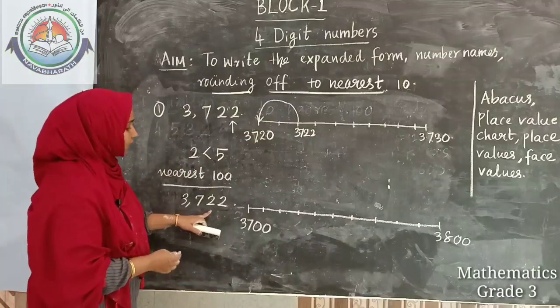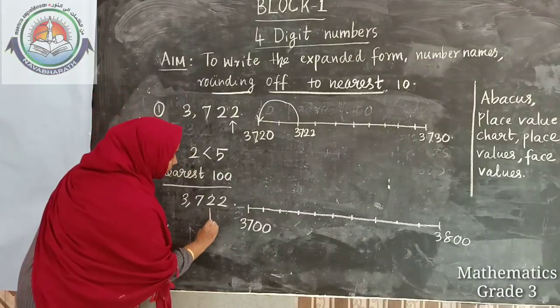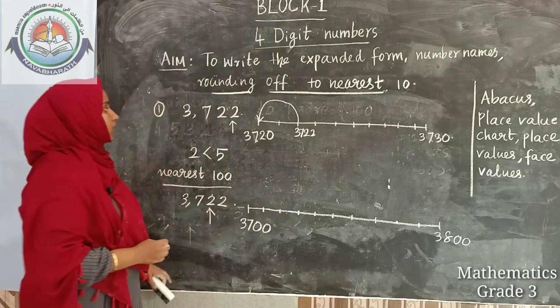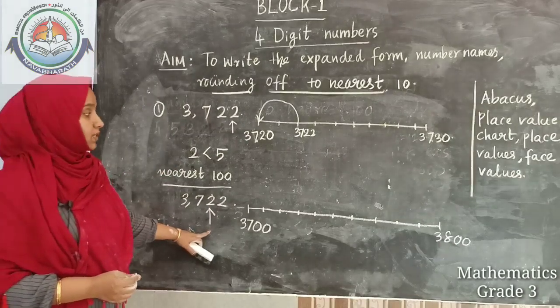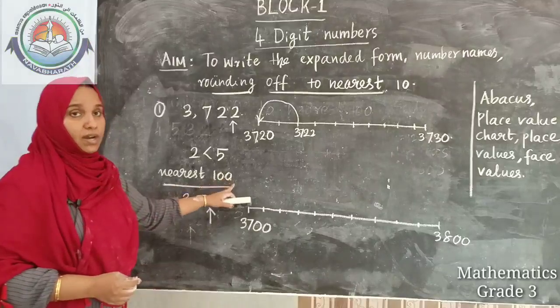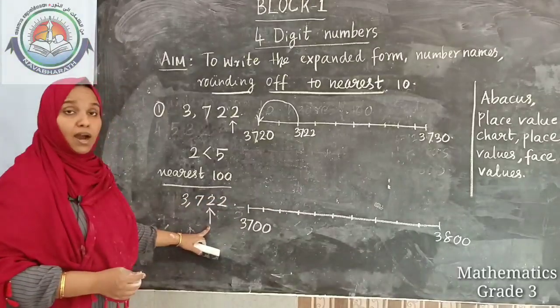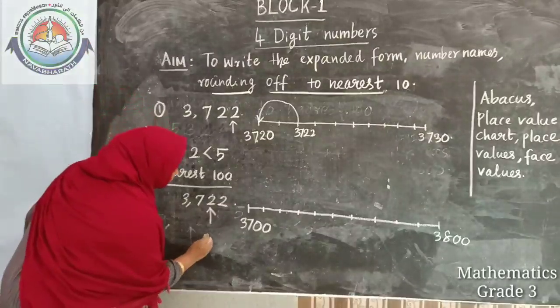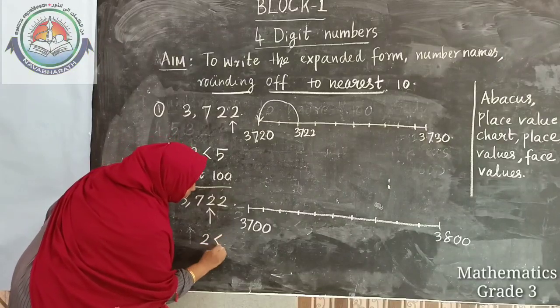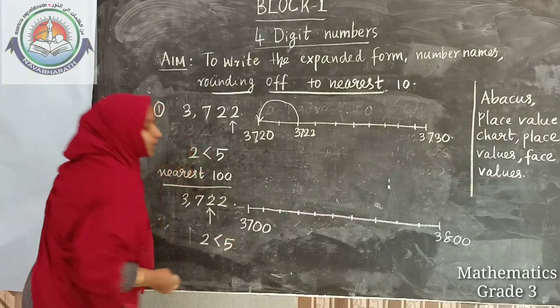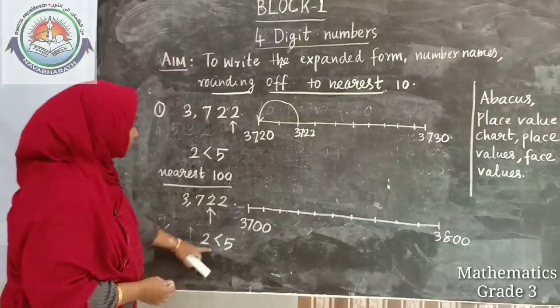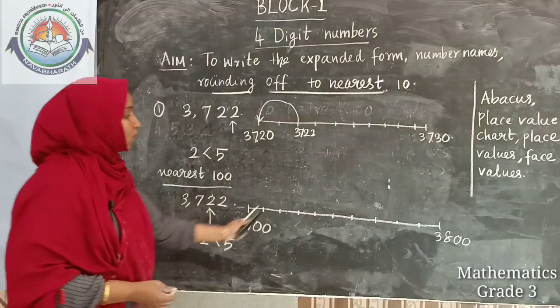And you check the number at the tens place. When we round off to the nearest 100, you check the number at the tens place. That's again 2. 2 is less than 5. Okay. So we can round off to here or here.